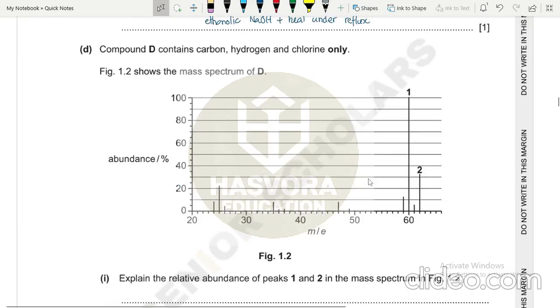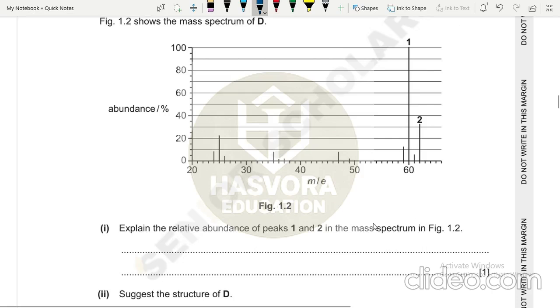Now part D says that compound D contains carbon, hydrogen and chlorine only. So this is the hint of the question. They have specified that it contains only carbon, hydrogen, chlorine. Figure 1.2 shows the mass spectrum of D. So they have given you this mass spectrum. Explain the relative abundance of peak 1 and 2 in the mass spectrum in figure 1.2.